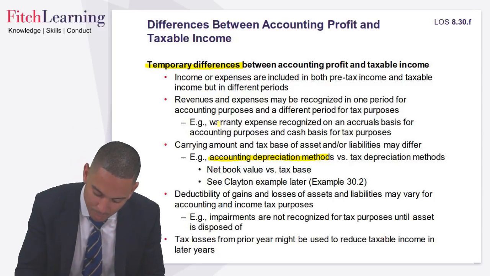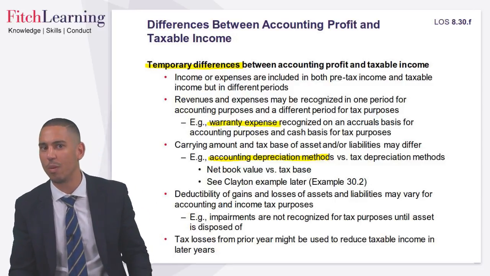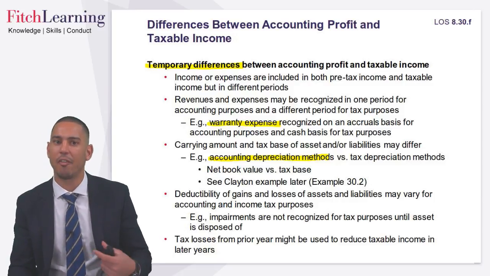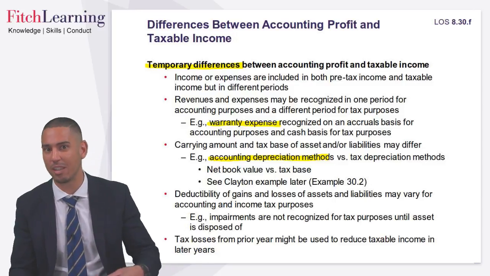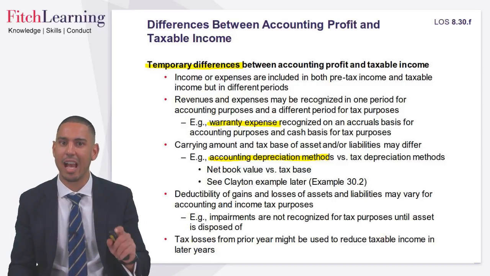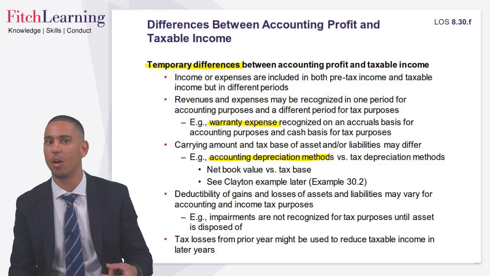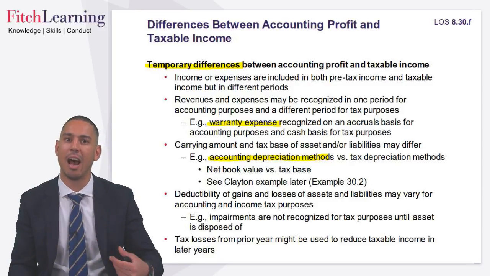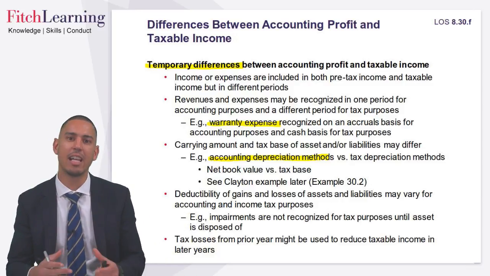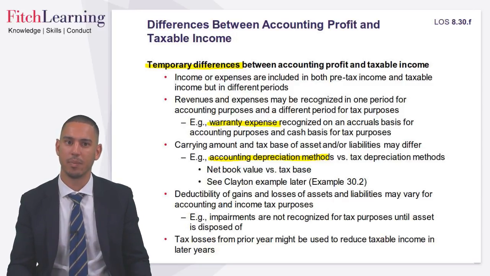Maybe the other example that often gets used is a warranty expense. I've just bought myself a new phone, and that phone has a warranty that says if it breaks in the first year, you can bring it back to us and we'll fix it. Now that company who sold me the phone should make an estimate of how many phones break in the first year and what the average cost is to repair them. And they're going to recognise a provision for this cost.